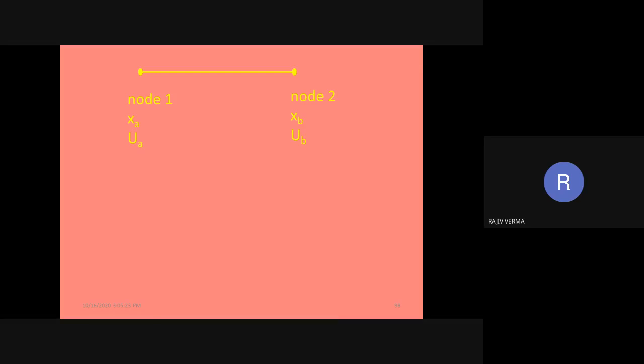And these two nodes are located at XA and XB respectively, which obviously happen to be the endpoints of the domain. And the value of the unknown at these two points happen to be UA and UB.